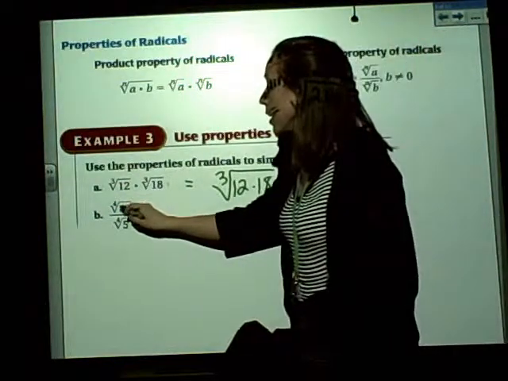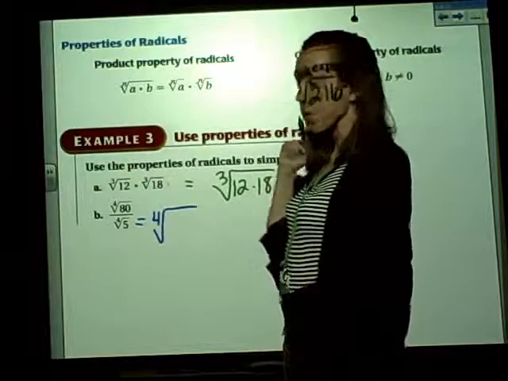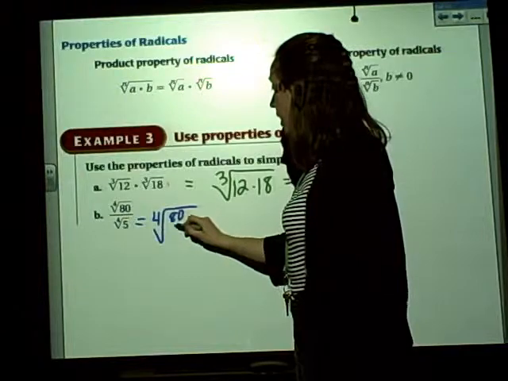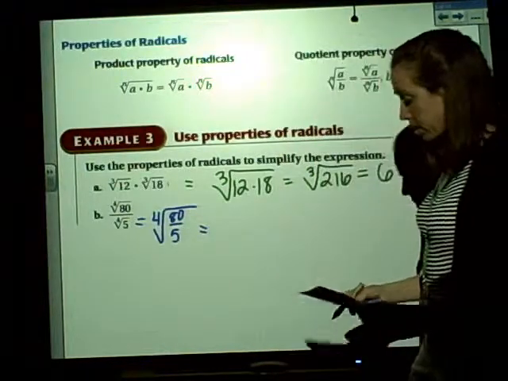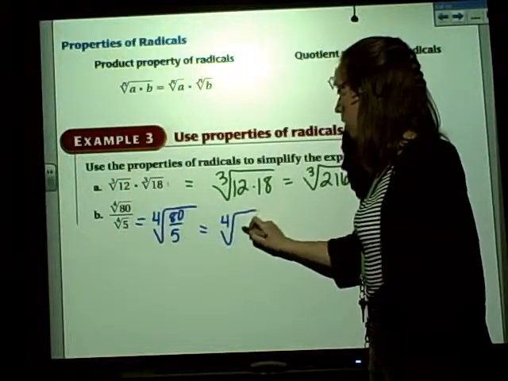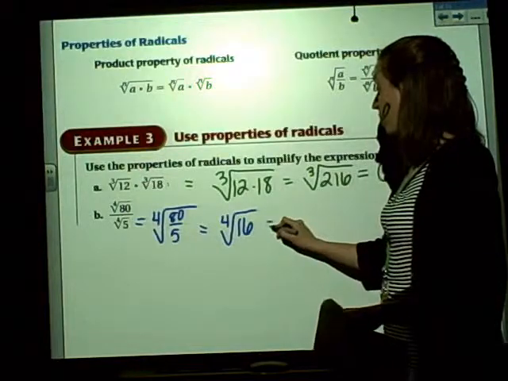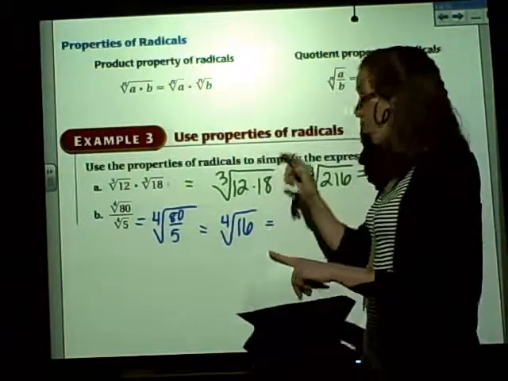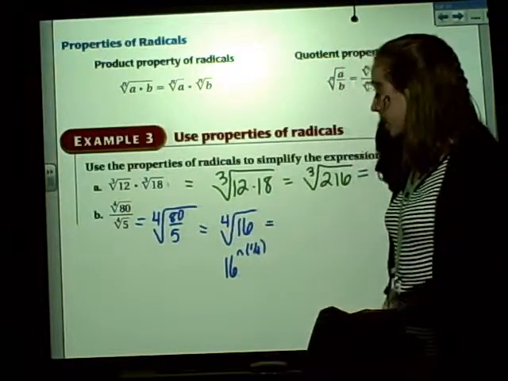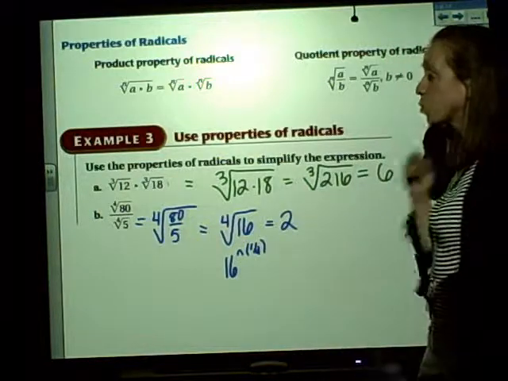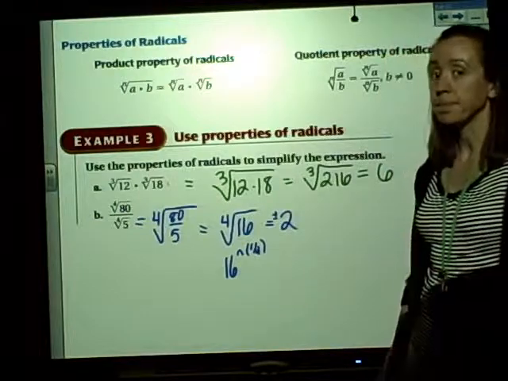If I'm taking the 4th root of the top and the bottom, I can almost factor out that 4th root and say I'm just going to divide 80 and 5. 80 divided by 5 gives me 16. And 16, I can take the 4th root of very nicely by going 16 to the 1/4 power in my calculator, and I get 2. Actually, we did talk about today how you would actually get plus or minus 2.